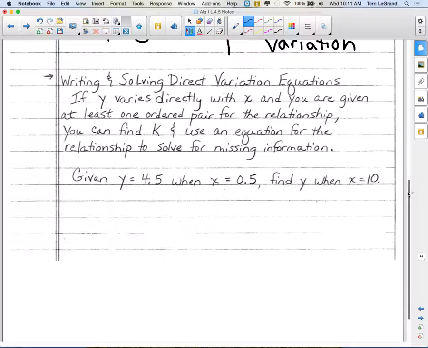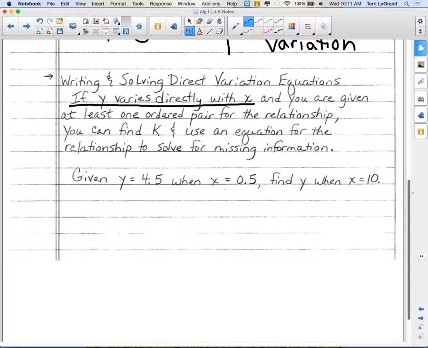If y varies directly with x, in other words, they're telling you, you can count on this. They're saying the y is going to be varying directly with the x. In other words, something is going to happen to that x, and the only thing that's going to happen is a multiplication.